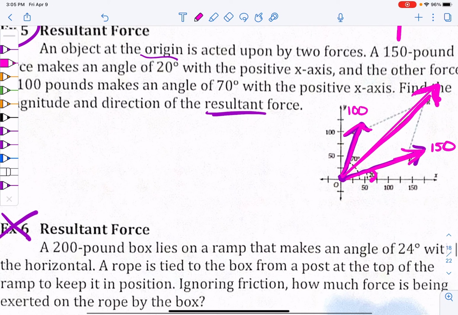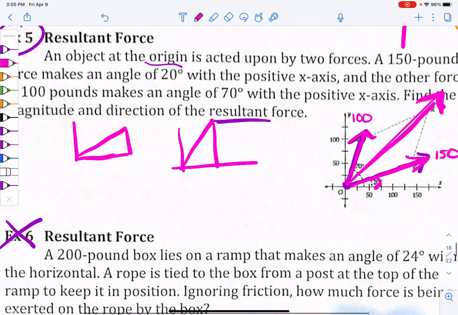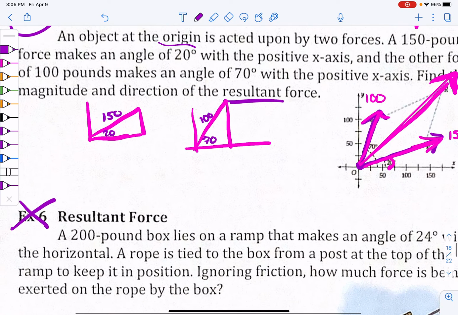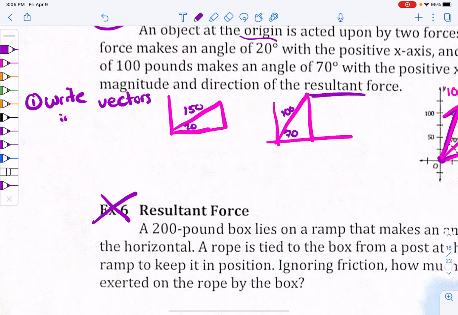I'm going to draw these two vectors and show you how this works. We'll work on the 20-degree one first, then the 70-degree vector next. I'll label them: the 20-degree vector is pulling with a force of 150, and the 70-degree vector is pulling with a force of 100. The first step is to write the vectors in component form.